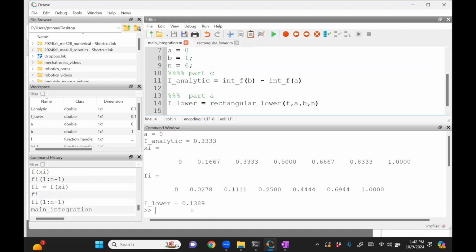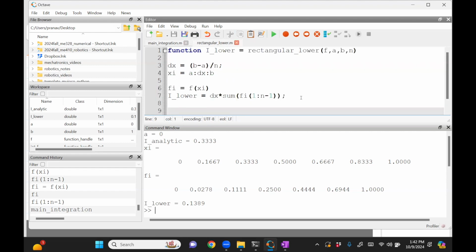Okay, that doesn't look right. It's 0.1389. I think we got 0.325, I think. What's wrong?